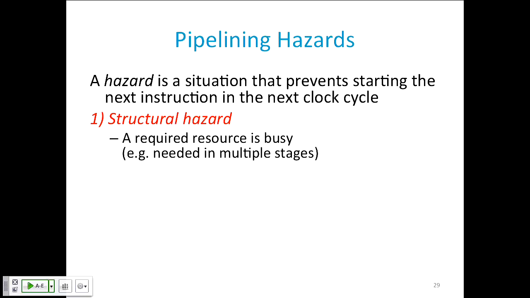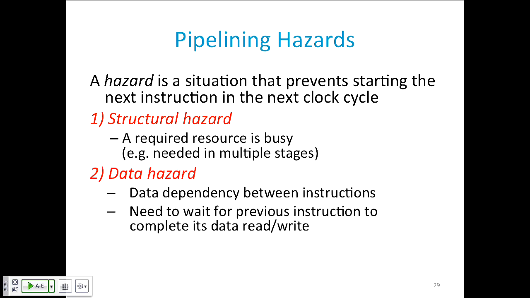This is when, to keep the pipeline flowing, 2 different instructions need to use the same physical resource, the same piece of hardware at the same time. If the same piece of hardware is needed across multiple pipe stages, then you might get a conflict. That's called a structural hazard, because 2 instructions are fighting over the same piece of hardware. We also have a data hazard, and this is when there's actually a data dependency between the instructions.